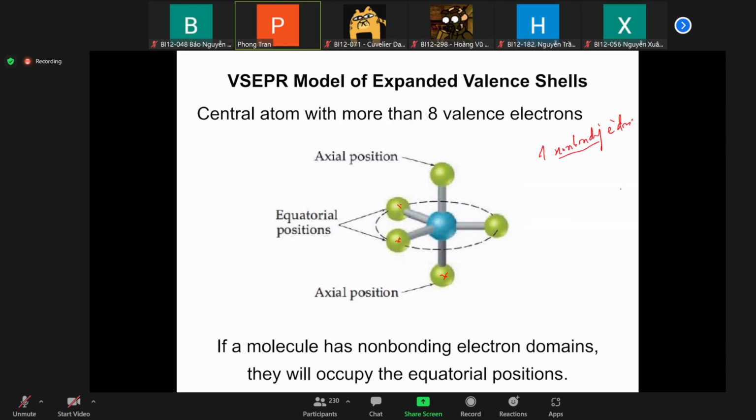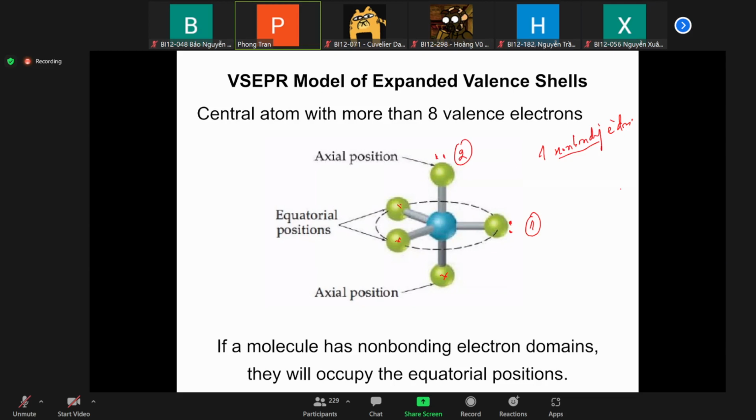So you have 2 possibilities. In one possibility, you put the non-bonding pair of electrons here. So that is possibility 1. And then you have the other possibility, where you put the electron pair here, the second possibility.